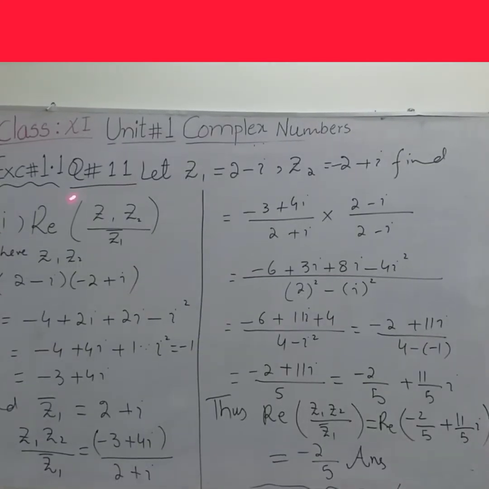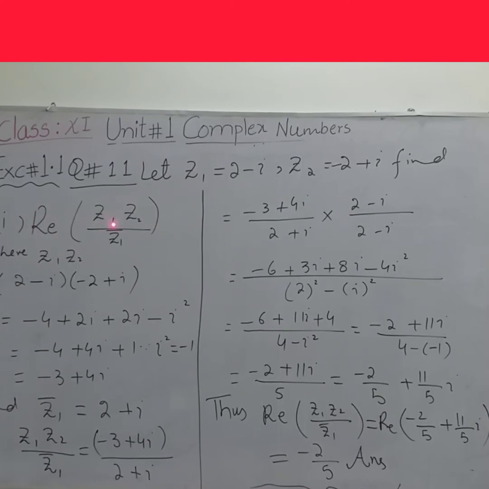Now question number 11 is: let z1 is equal to 2 minus iota, z2 equals minus 2 plus iota. Find, part first, real part of z1 z2 divided by z1 bar. This Re represents real part, meaning after simplification of this fraction, we have to tell only the real part.